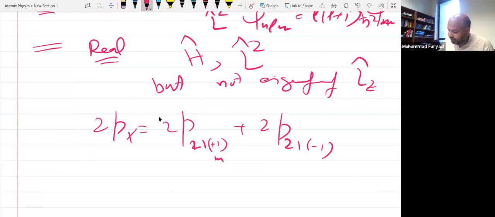So m is 1 here, m is minus 1 here. So this doesn't have a single value of m. They have the same n, same l. So that's why they are still eigenfunctions of H and eigenfunctions of L square, but they're no longer eigenfunctions of Lz, because now we have two different functions that have different values of m.